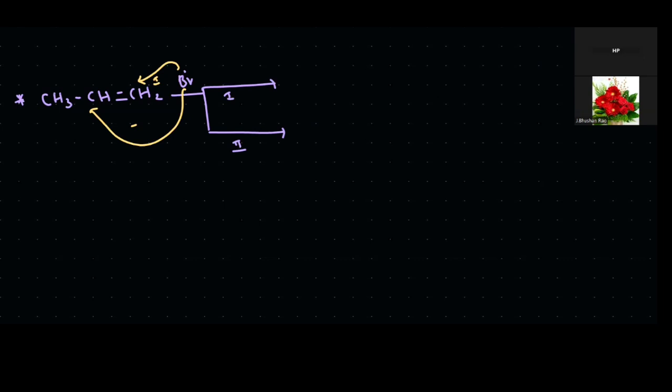If it attacks on this carbon in the first way, then one electron of the bond migrates towards this carbon atom. Now this converts into CH3 CH free radical, CH2 Br. This is the first path.